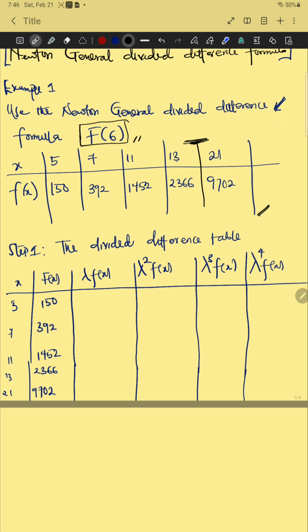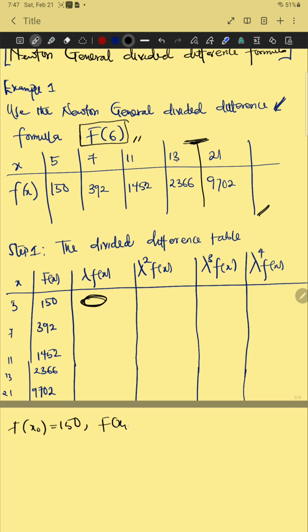Now, how do we get the number to write here? How do we get that? If you look at this table very well, you discover that f of x naught is 150.